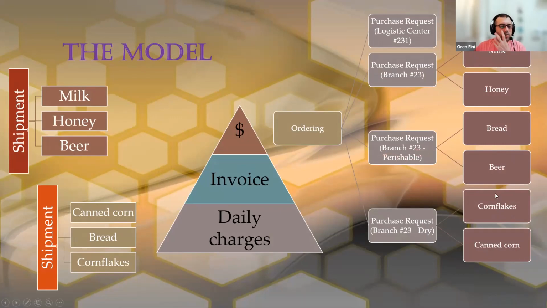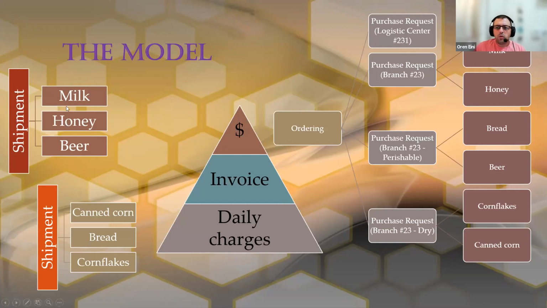And we basically throw everything together into this. At some point, we start processing that and turn it into shipments from different storage locations to all of the actual destination that we need to send it to. And we compute the daily charges. Eventually, we generate an invoice, etc.